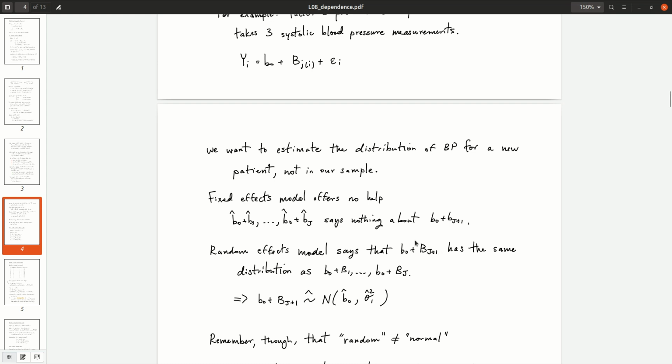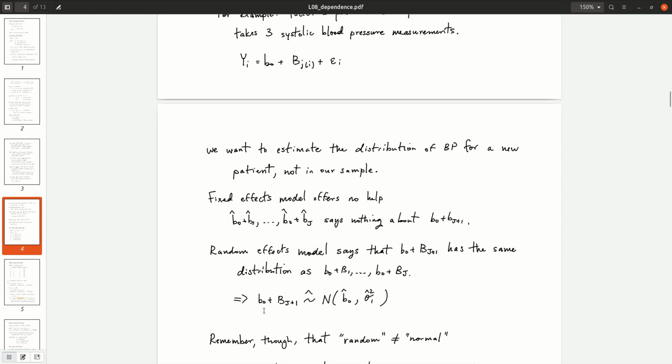If we assume that this patient, J plus 1, comes from the same population as the patients in our study, then we are assuming that it follows the same distribution as this collection of effects, B sub 0 plus capital B sub 1, up to B sub 0 plus capital B sub capital J. And when we fit this random effects model, we get an estimate for B sub 0, and we get an estimate for the variance of these random effects, namely sigma 1 hat squared.